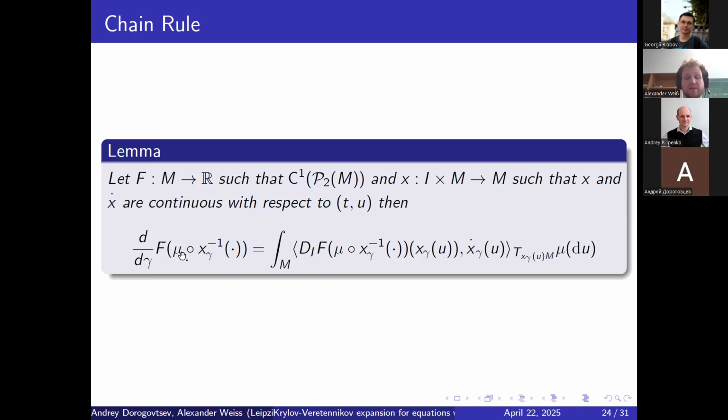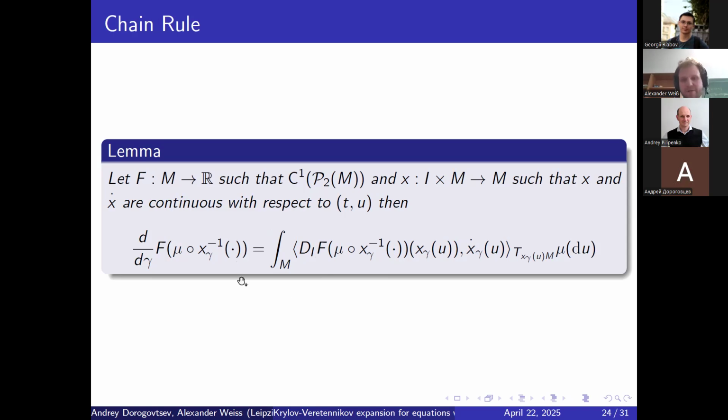Then the function does satisfy such a chain rule. Well, it is just more or less the general chain rule. We have here the derivative of what we have in the inside, and here we have the outer derivative in a sense.